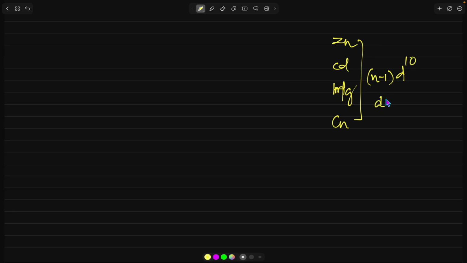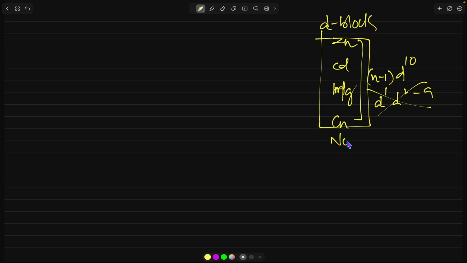So you don't see d1 or d2 up to d9. The d1 to d9 configurations are not possible. That's why these elements are considered only d block elements. These are not transition metals. So the last group of the d block elements is not included.